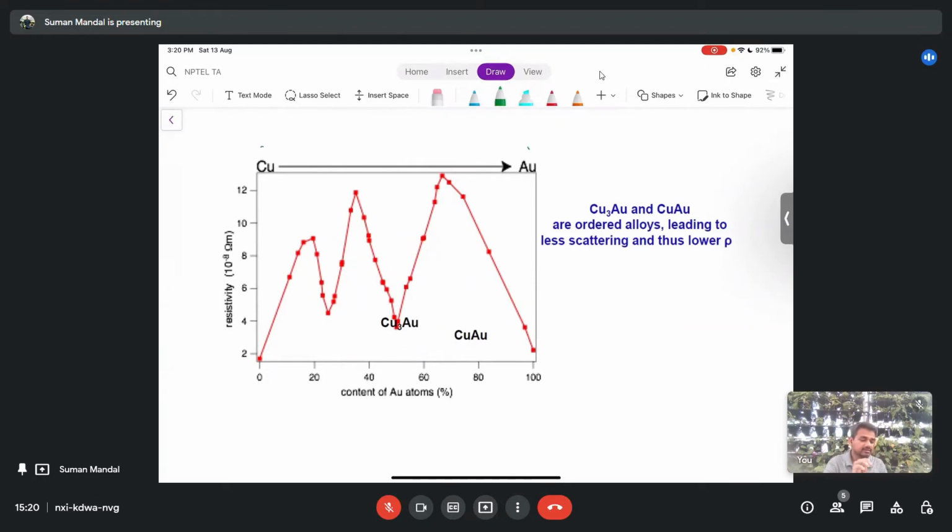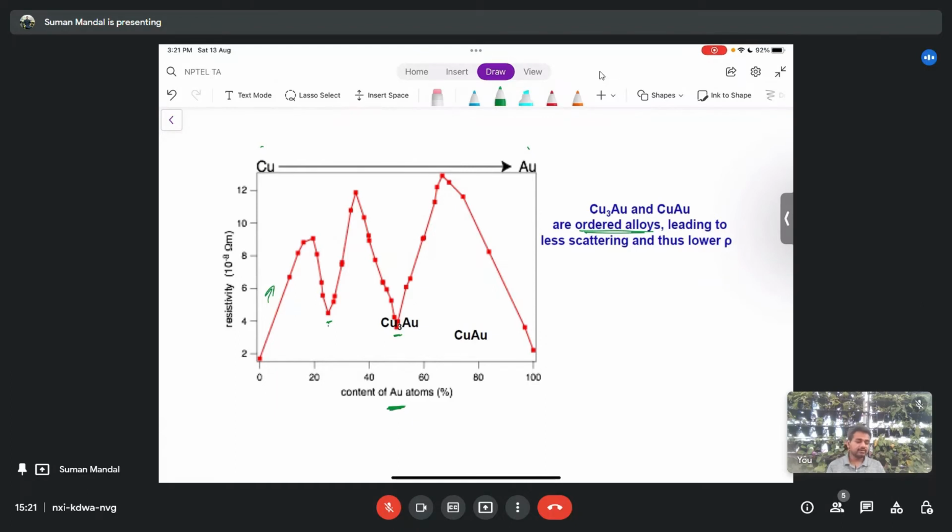We see that with an increasing amount of gold in the material, the resistivity initially increases. So it cannot be explained why it is increasing. And moreover, at certain ordered compositions, there's a steep drop in the resistivity.